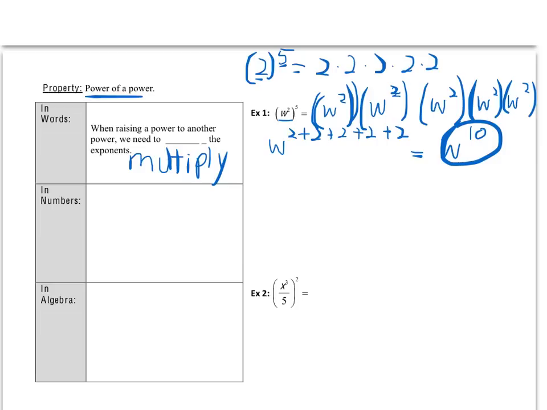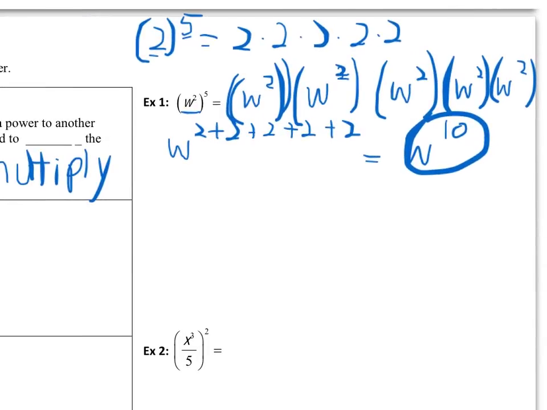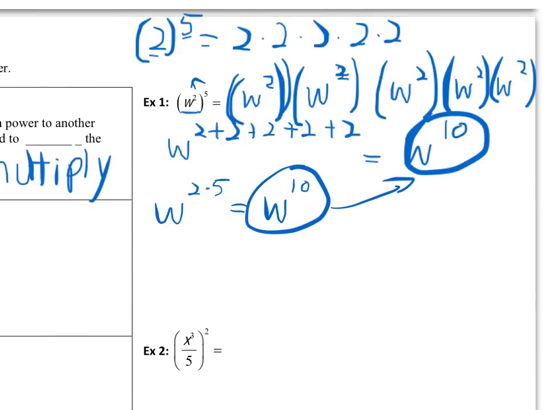Well, we can simply do 2 times 5 and distribute. Basically just show that line of distribution. And then the work for it would look like this. It would be w to the 2 times 5, which is equal to w to the 10th power. So guess what? We just proved that the smart cut works. They're the same. Okay, let's apply that for this next problem.